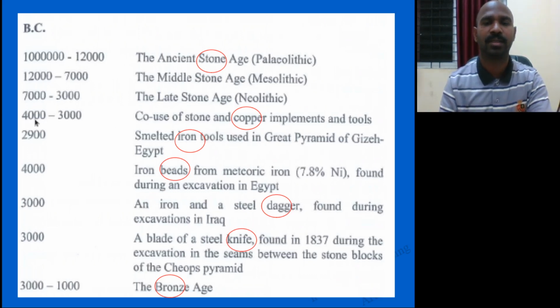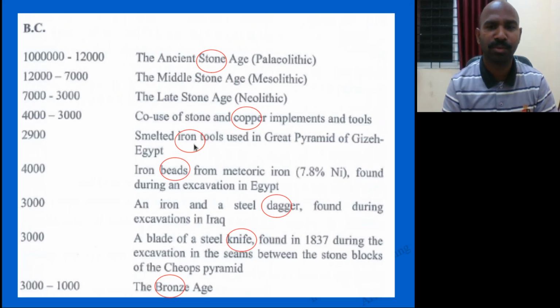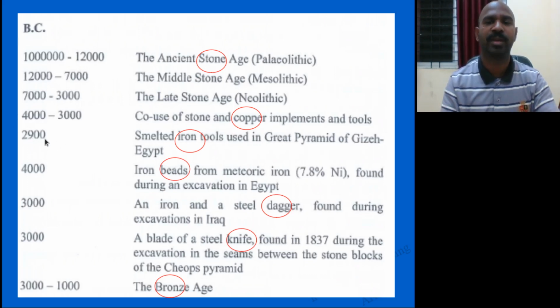It has been found around 4000 years BC, and it is also found that smelted material is nothing but iron, melted with charcoal and formed as simple tools which were used for the Egypt pyramid, and it was calculated to be 2900 years BC. That was the age of that particular material.